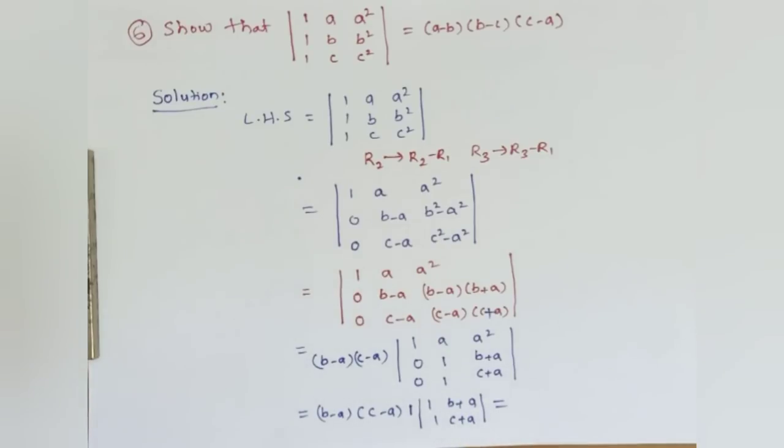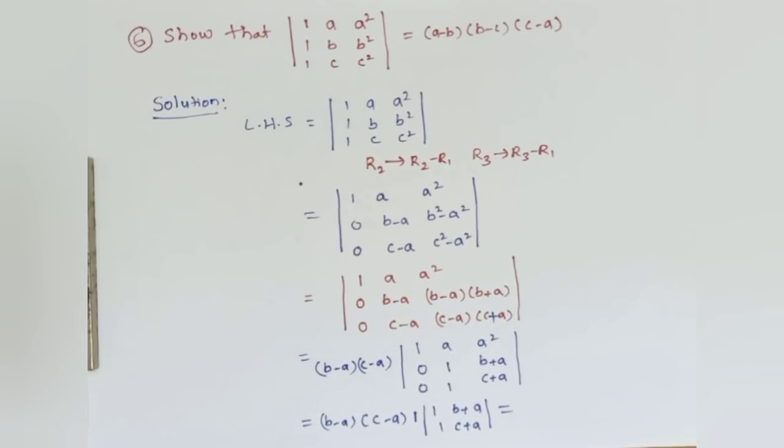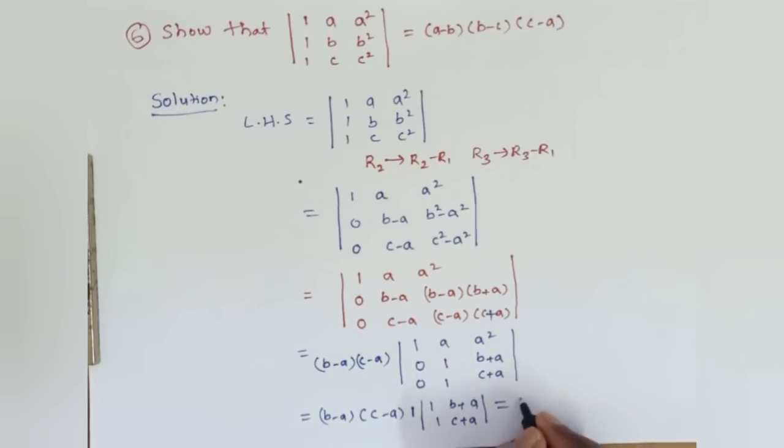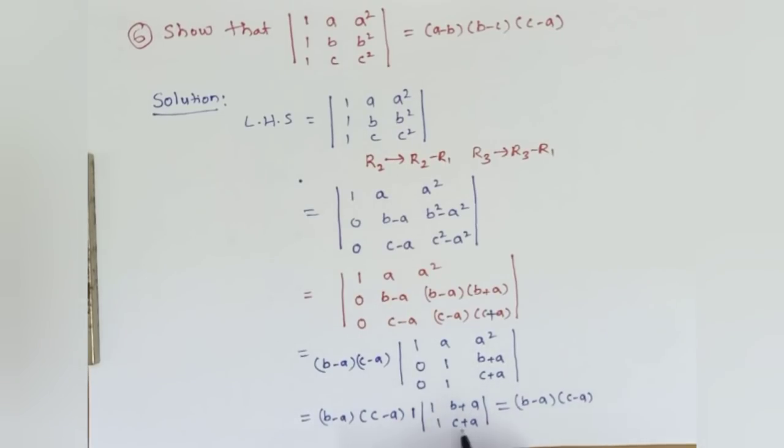Now this is equal to b minus a into c minus a into 1 into c plus a, that is c plus a, minus 1 into b plus a, that is minus b minus a. Then minus a and plus a get cancelled, so it is equal to b minus a into c minus a into c minus b.